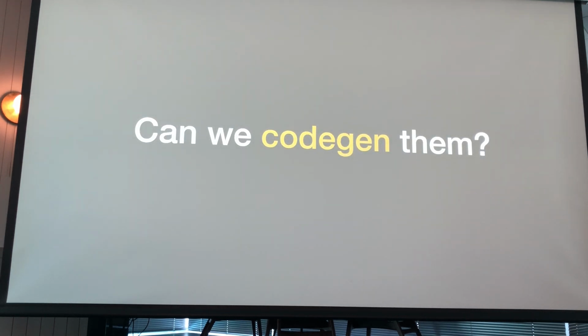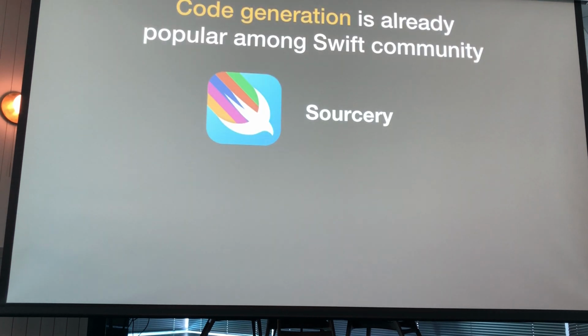So the question was, can we code generate them? Because it would eliminate all of the problems and also reduce the amount of code that we have to support. And the code generation approach is already popular in the Swift community. We have Sourcery, a very popular tool to generate code.